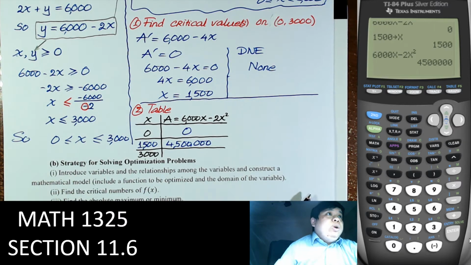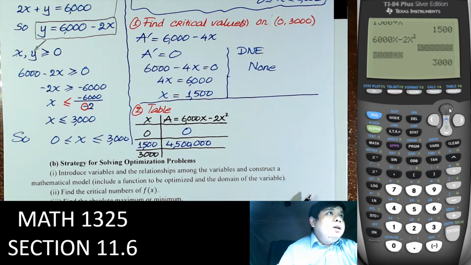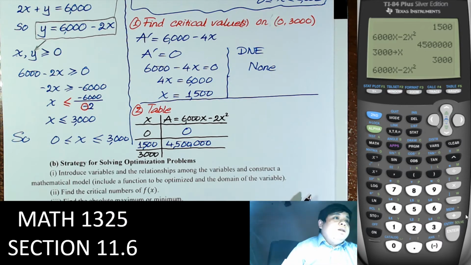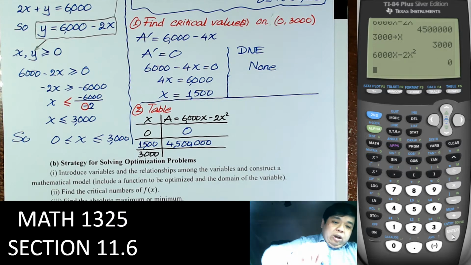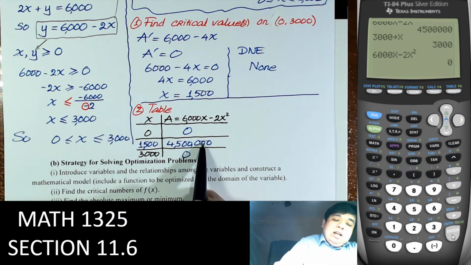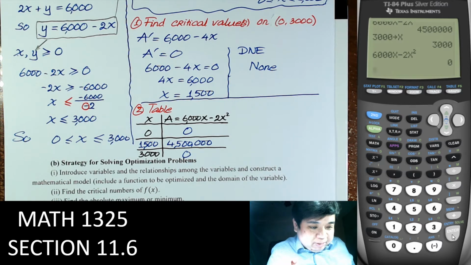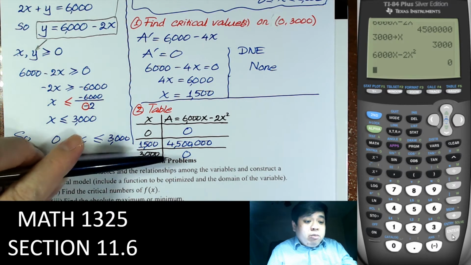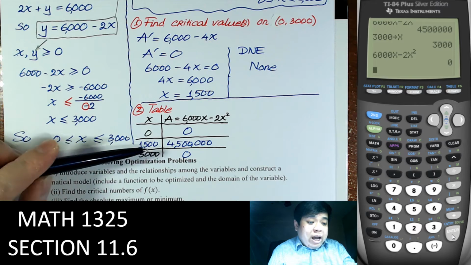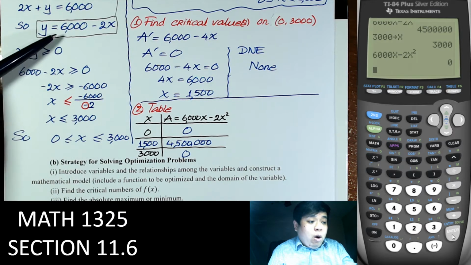And then if we have 3000 down to x, evaluate that, we have 0. So clearly this is the maximum value, maximum area, sorry. So the maximum area is equal to this when x equals 1500 and y is equal to that.